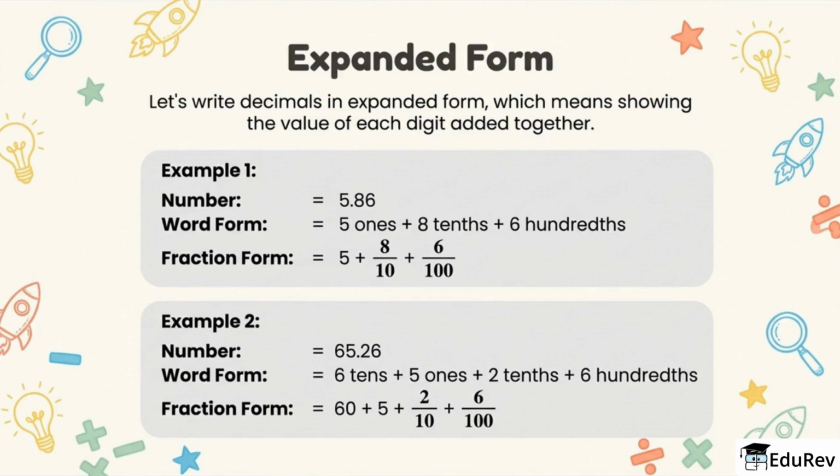Another example, 65.26 is 6 tens plus 5 ones plus 2 tenths plus 6 hundredths, or 60 plus 5 plus 2 tenths plus 6 hundredths. Expanded form helps you see exactly what each digit represents.